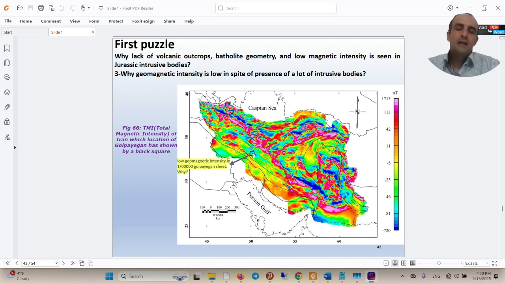And as I said, when we have intrusive bodies, and in Gulpaigan we have large and big intrusive bodies that mimic the geometry of a batholith, we expect to have a large amount of geomagnetic intensity variation. But as I said, it is not as high as we expect.